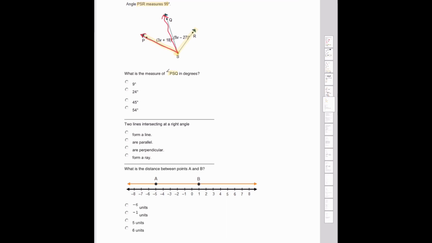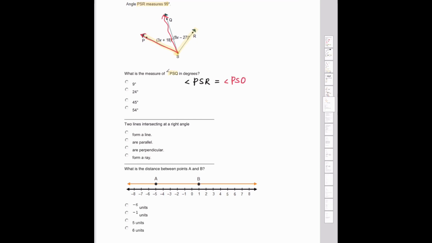Well, that being said, we can use what we know about the angle addition postulate to solve for PSQ. We know the measure of angle PSR, right? According to the angle addition postulate, we can use that information to find the angle of PSQ.